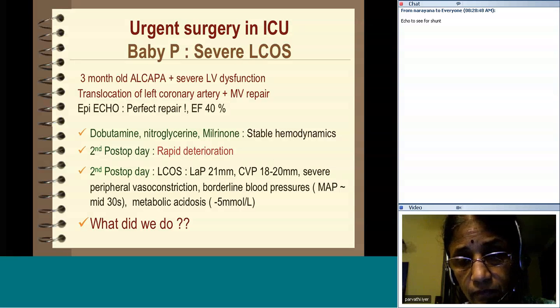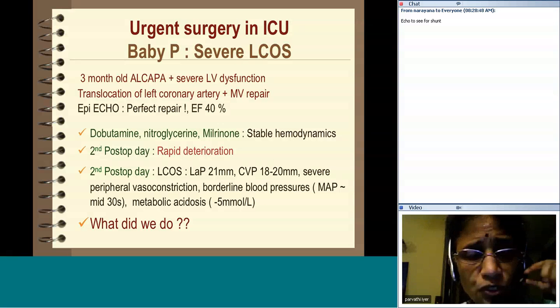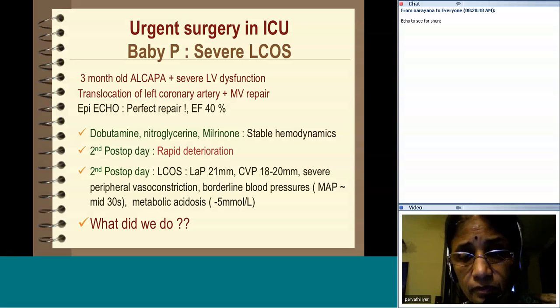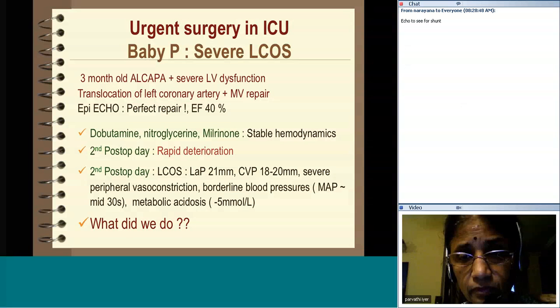Can someone type it in? Good idea. And repeat swift echo was done.